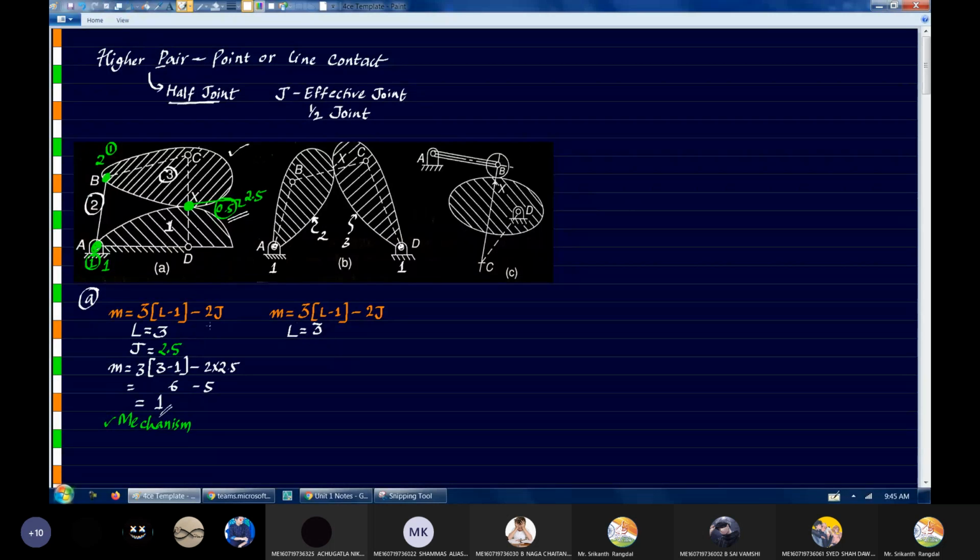But in the textbooks, you will not find that as true. In the textbooks, this half joint is counted as another variable. So that half joint, we count this as H.